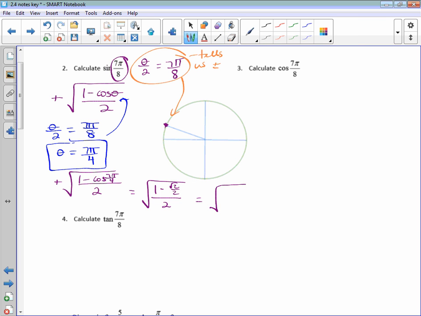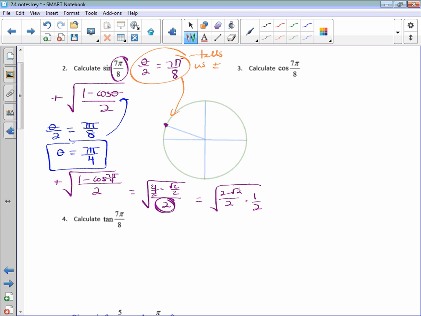So if you think about your common denominators, I can turn that 1 into 2 over 2, right? So I really have 2 minus root 2 all over 2. And then divided by 2, what is that the same as multiplying by? So 1/2. Are you with me on that?